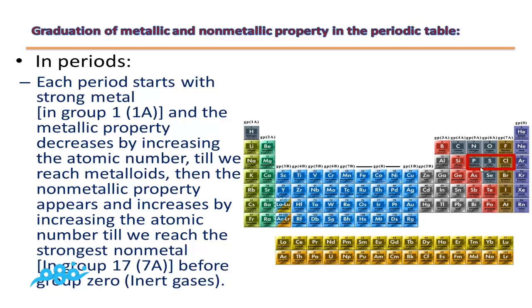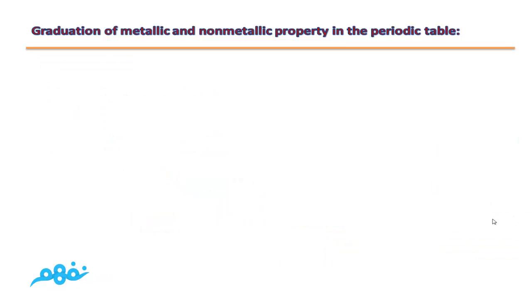Then the non-metallic property appears and increases by increasing the atomic number. So non-metallic property increases in periods as we go from left to right, till we reach the strongest non-metals in group 7A or 17, just before group 0, which is noble gases.